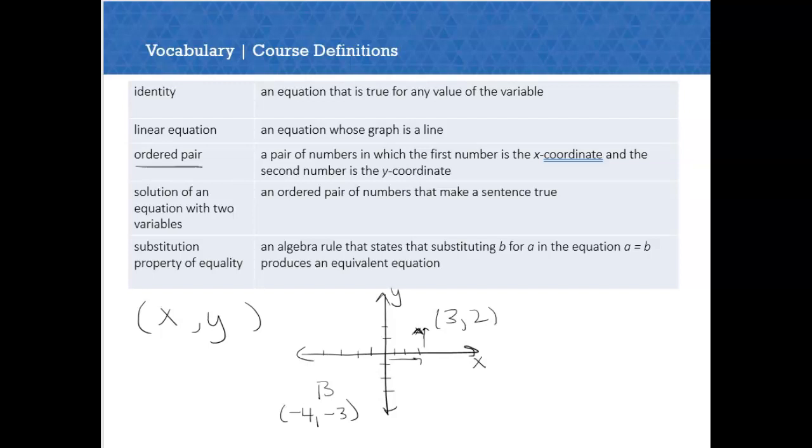And what we're going to find is when we have a line, for example this line, any ordered pair that falls on this line, which has infinite ordered pairs, it keeps going on and on and on, any ordered pair that falls on this line is a solution. So we're going to check on all of that today.